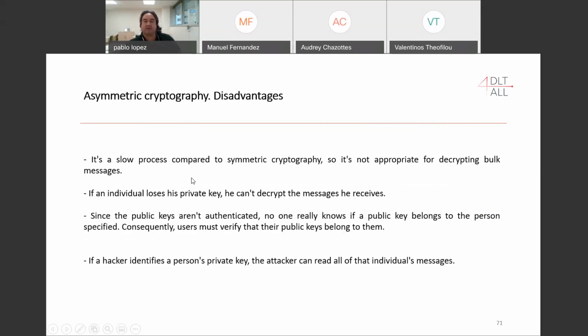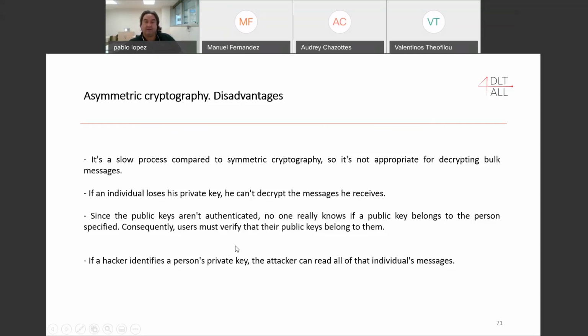Since the public keys aren't authenticated, no one really knows if a public key belongs to the person specified. Consequently, users must verify that the public keys belong to them. Another buzzword: don't trust, verify. So we need to verify that the person who owns the key with this public key is the real person.